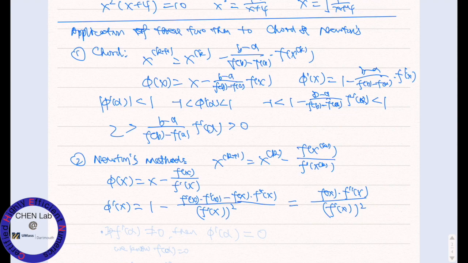All right. So we know that if f prime of alpha is not equal to 0, and we already know f of alpha is equal to 0, because alpha is a solution, then phi prime of alpha is equal to what?